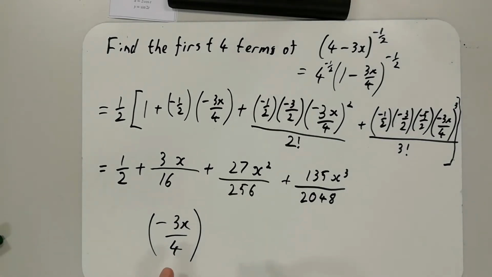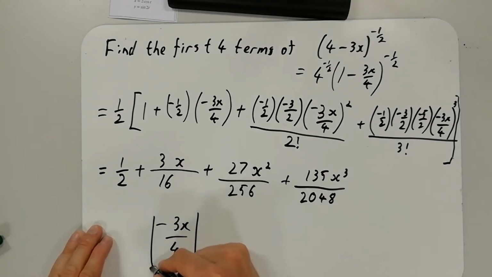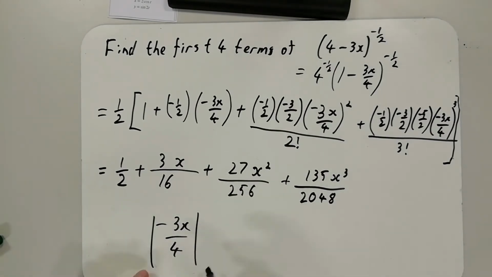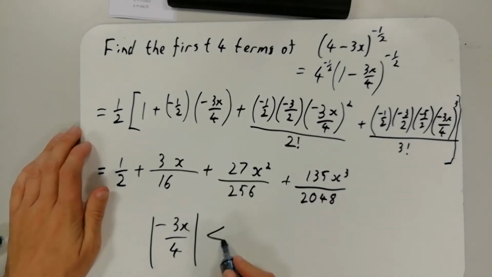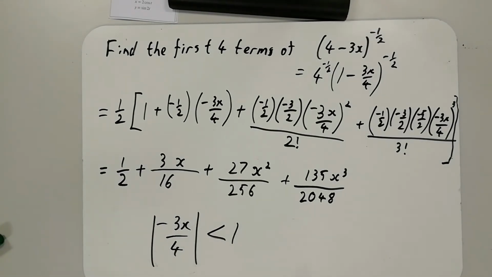This will be getting smaller, so I should put that in these, which mean always take the positive, so we call that the modulus. This will be getting smaller if it's less than 1. Okay, so just straight lines mean modulus, take the positive of whatever's inside of it.